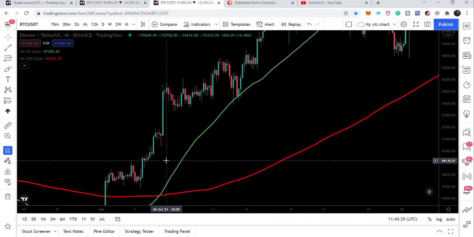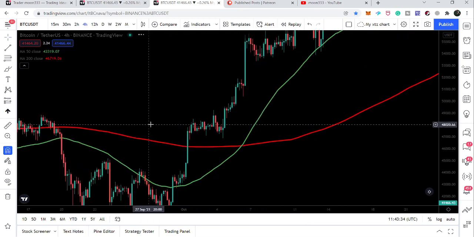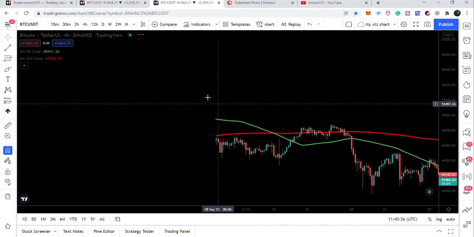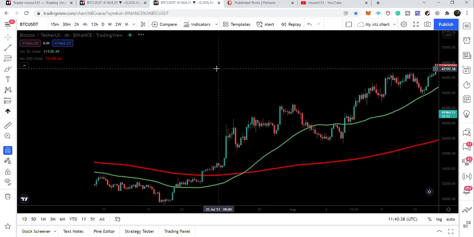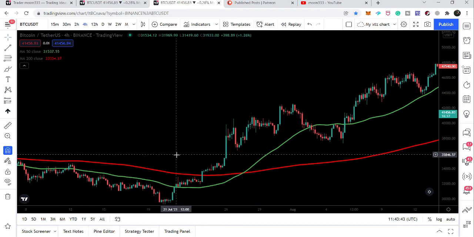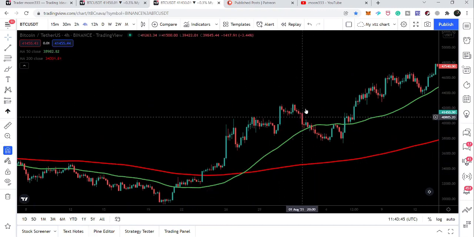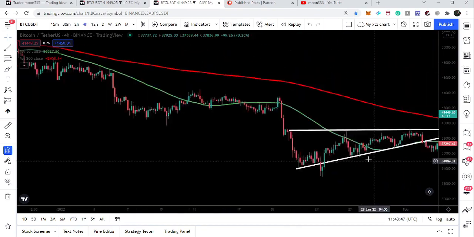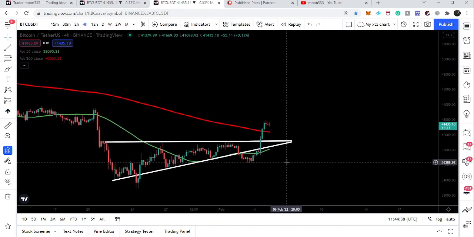Here this golden cross was formed on 6th of October, and the trend was completely changed. And before that, back in July 2021 when we were in a downtrend, the trend after this bull cross was completely changed. Now this bull cross is again going to be formed very soon.